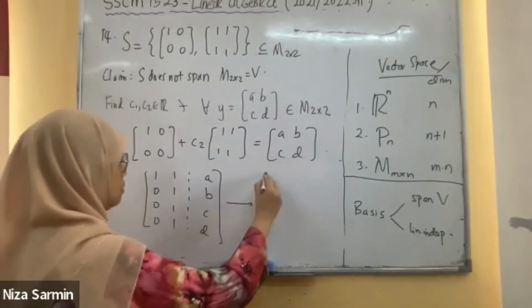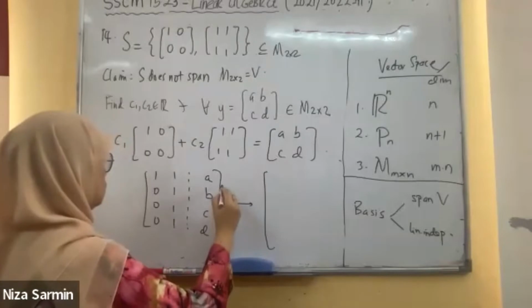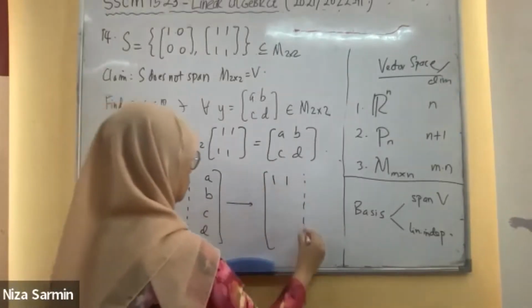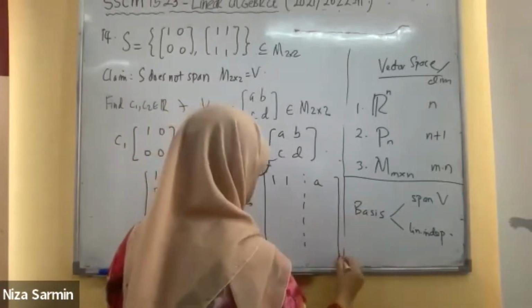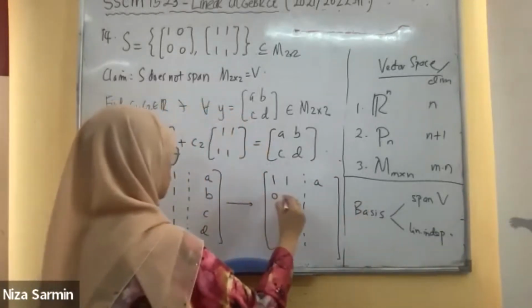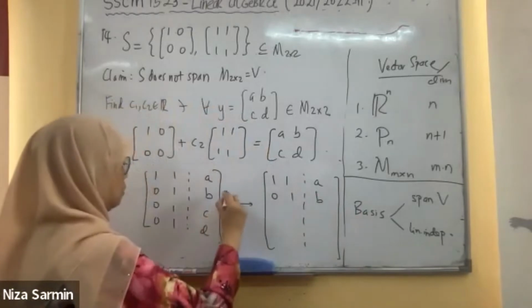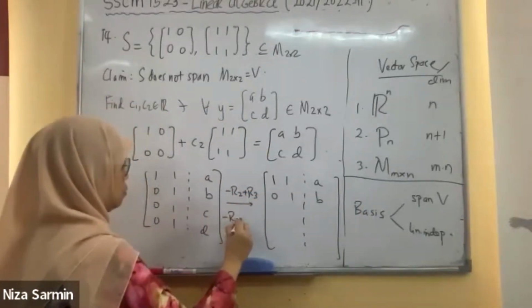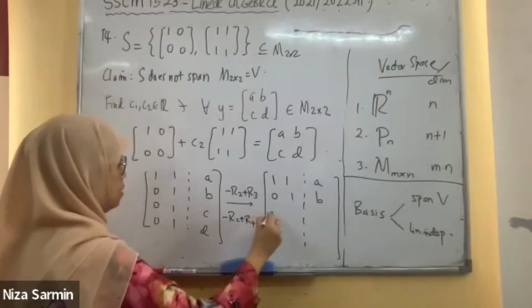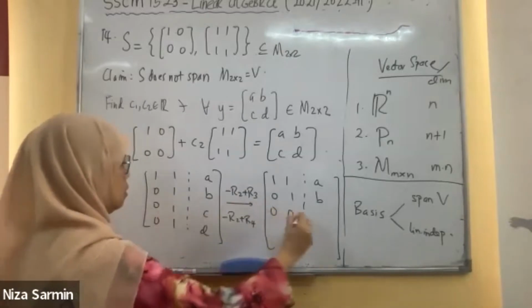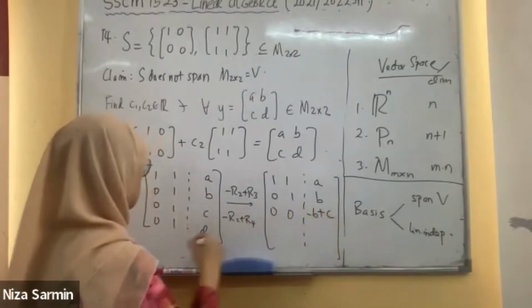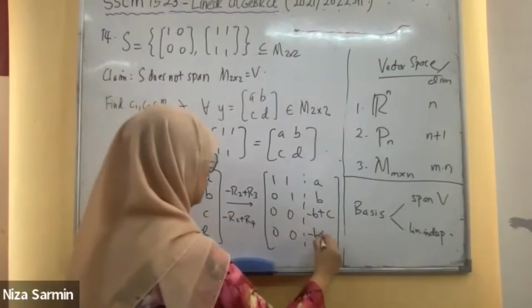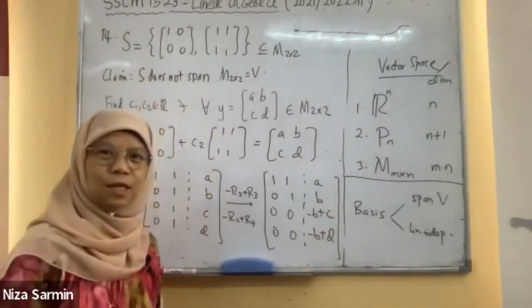Then you do row 1, and you will have negative row 2 plus row 3, negative row 2 plus row 4, 0, 0, negative B plus C, 0, 0, negative B plus D.